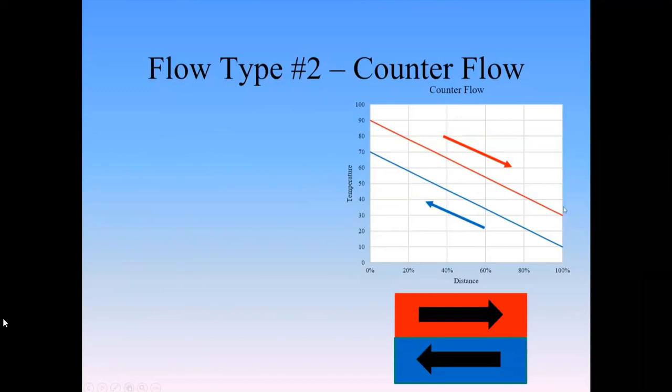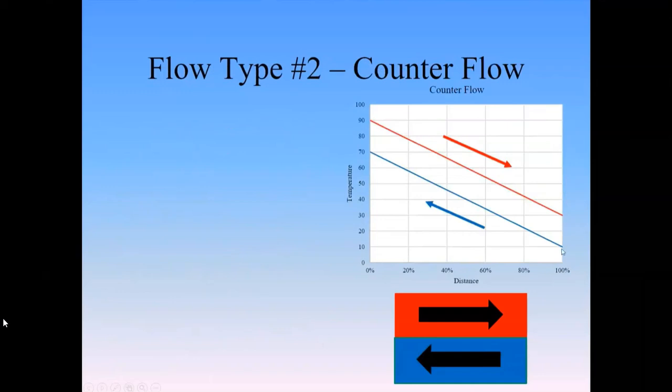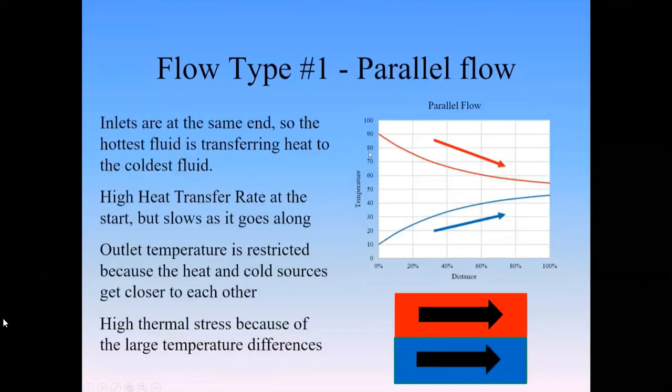The hot can get colder, and we see in this case it's down to 30 degrees, whereas before it was stuck at 55 degrees. My cooling water, if I was wanting to warm this up, can get up to a higher temperature, so 70 degrees, whereas I was maxed out here at 45.